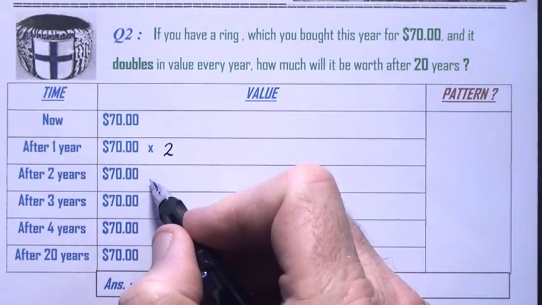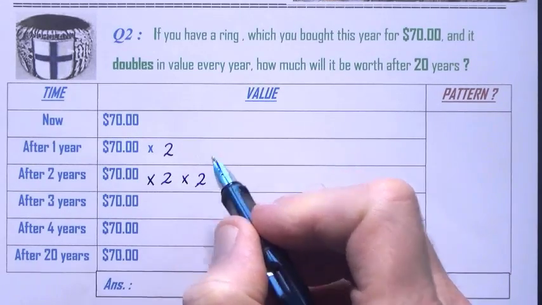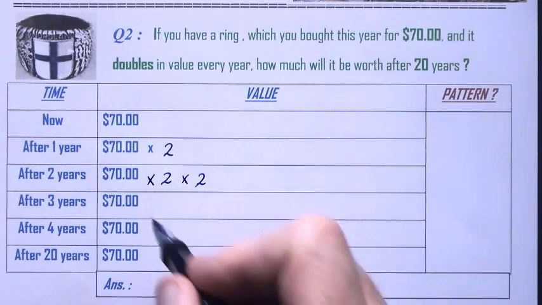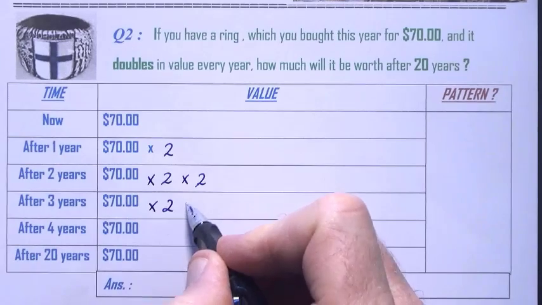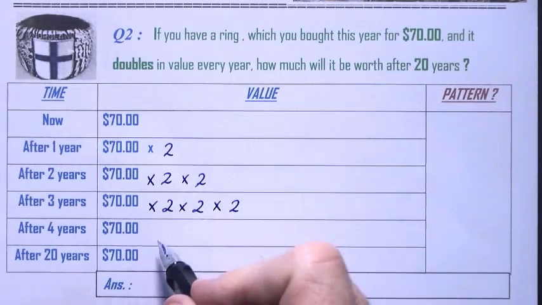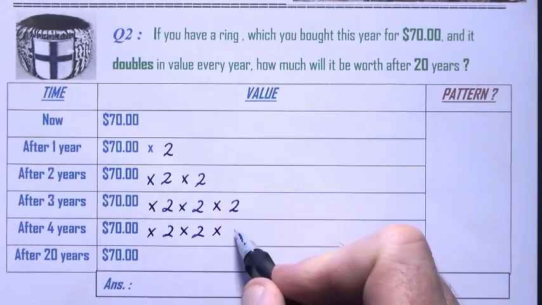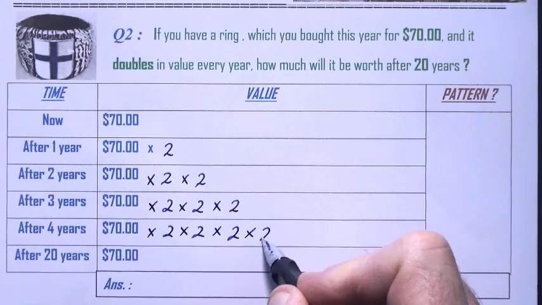After 2 years it will be $70 by 2 by 2. After 3 years, $70 by 2 by 2 by 2. And after 4 years, $70 by 2 by 2 by 2 by 2.